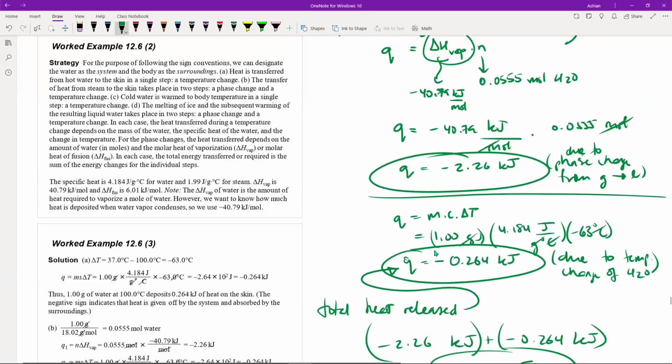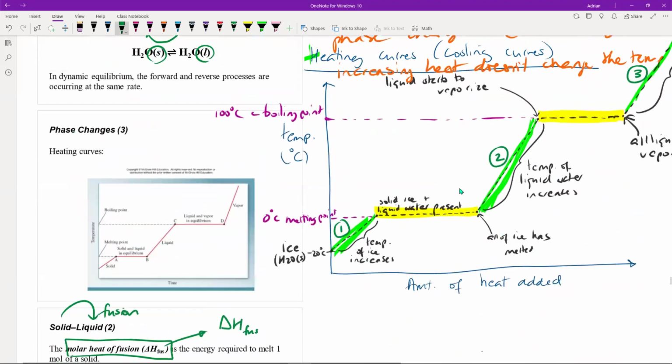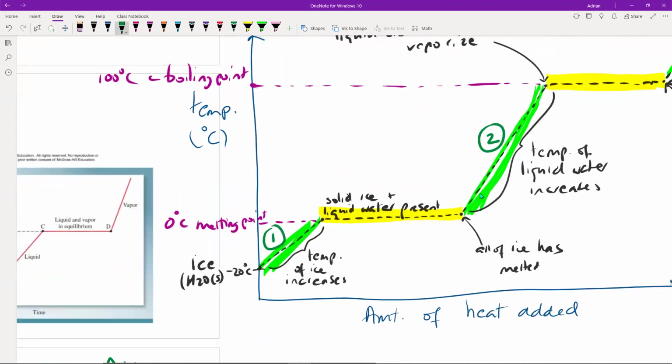Right, so in this example, in part B, if you were to see where we are on our curve, in part A, so we can use a different color, we had liquid water at 100 degrees cooling down to about 37 degrees. So that corresponded to this amount of heat being released. In the second example, or part B, we're starting off with steam at 100 degrees.